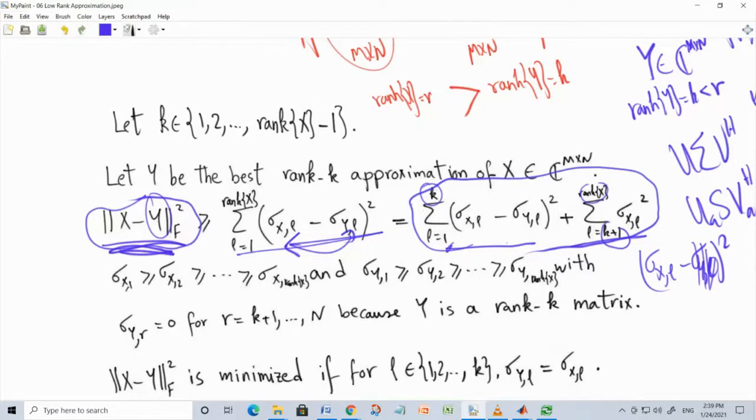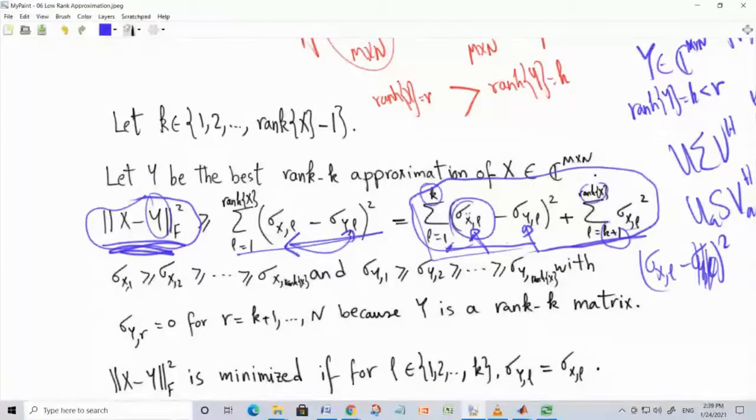So to minimize this lower bound, what we can do is that corresponding to the k largest singular values of x, we basically choose the k positive singular values of y to be exactly the same as the k largest singular values of x.